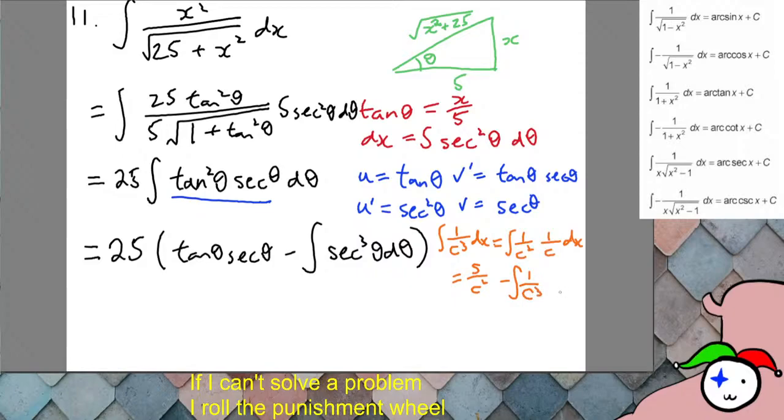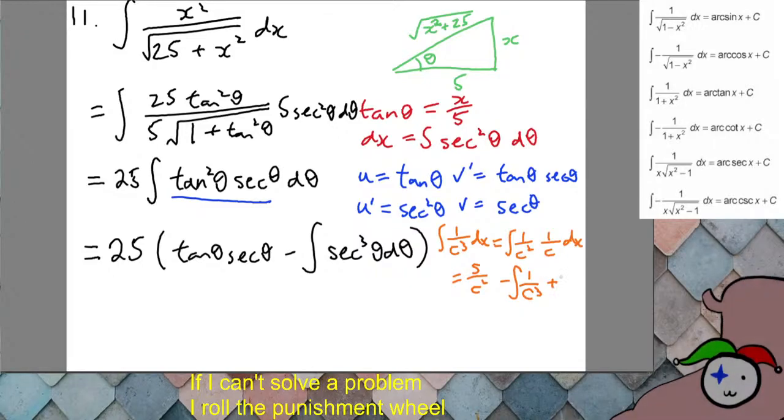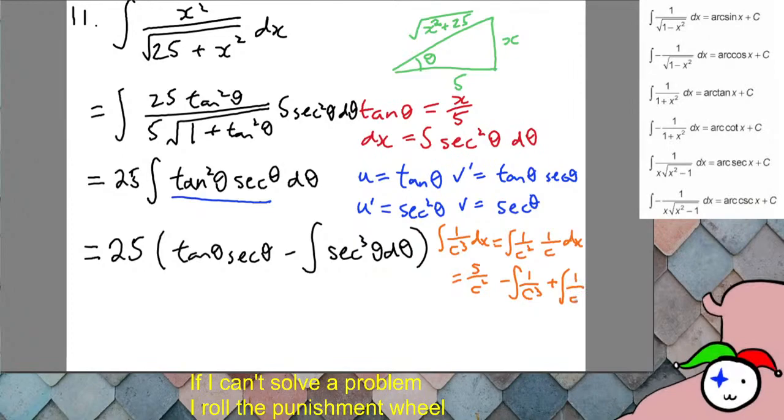Let's just say I couldn't solve this by myself. Minus the integral of 1 minus cos plus 1 over cos. Wait, hang on.